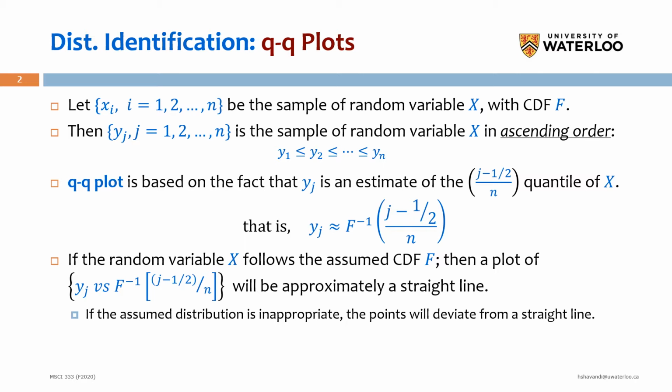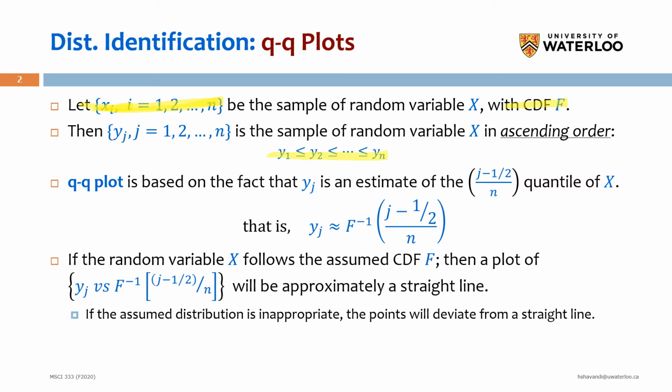Here we assume that we have a sample of data, X_i, so we have n data points, and we assume that a distribution with a CDF of F is a good choice for this sample. Then we sort the sample in ascending order and denote them by y: y1, y2, up to yn.